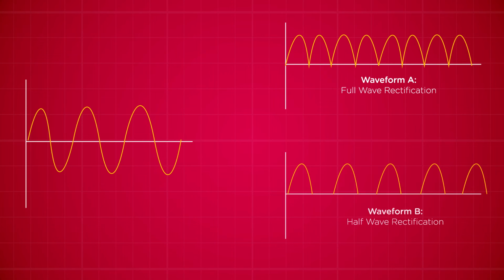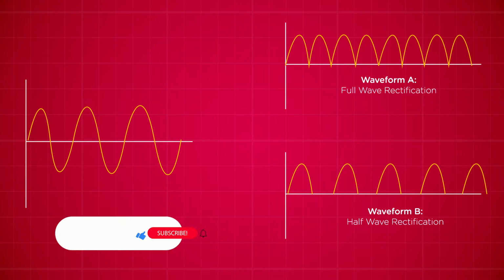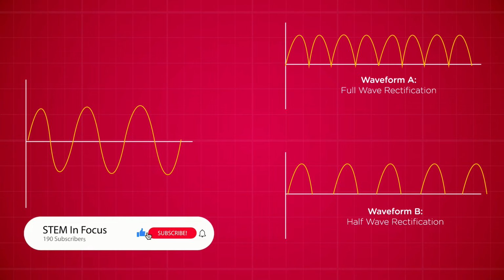Depending on the type of rectification used, the output signal will either look like the waveform we have here in A or B. The rectified signal in A indicates that the full wave rectification method was used, and B shows a half wave rectification. As you can observe for the half wave, the signal output only contains the positive portions of the input signal. In this video, I'll explain how this waveform can be achieved and go further to describe how we can make it look like the typical DC signal.